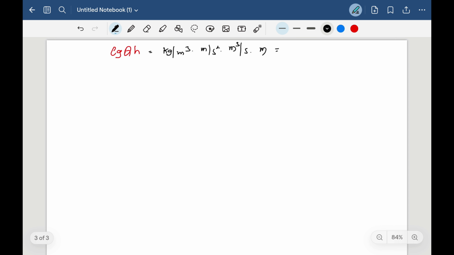This is nothing but kg, meter per second square into meter, whole per second.